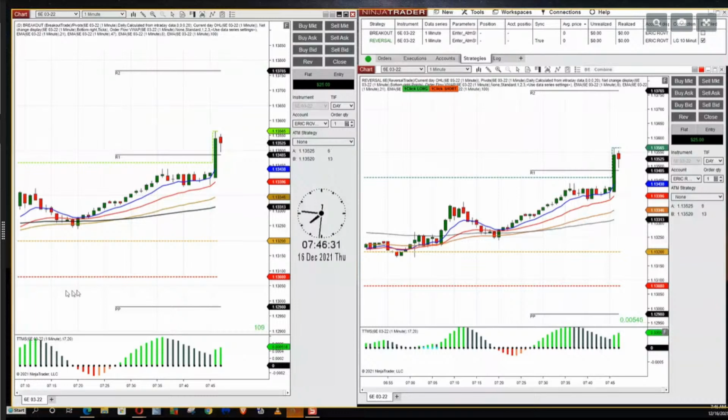But here you have pretty much meaningless news that really for a central bank didn't create that large of a move. Now the breakout would have worked because it would have filled you long. It never got anywhere near the stop.